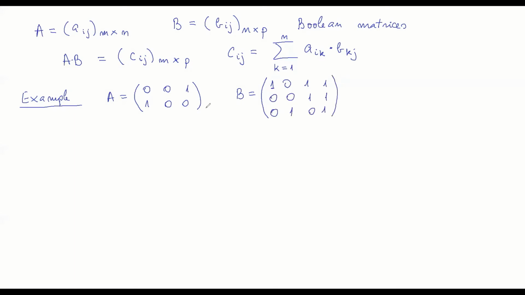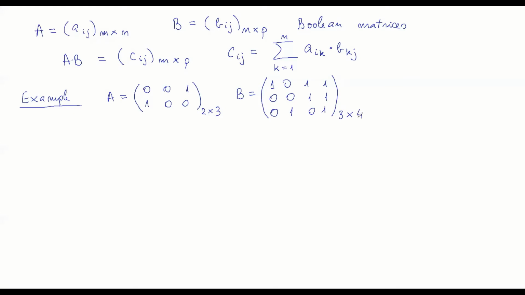I'm just pointing out the types to make sure that we can indeed do the standard matrix multiplication. So this is a matrix of type 2 times 3, and because this one has 3 columns, this one must have 3 rows in order to have the product, and indeed it has 3 rows and 4 columns.